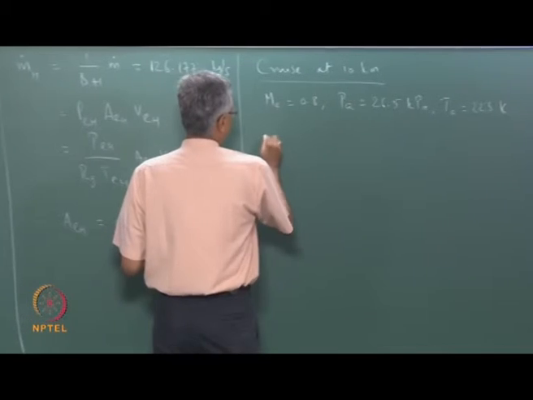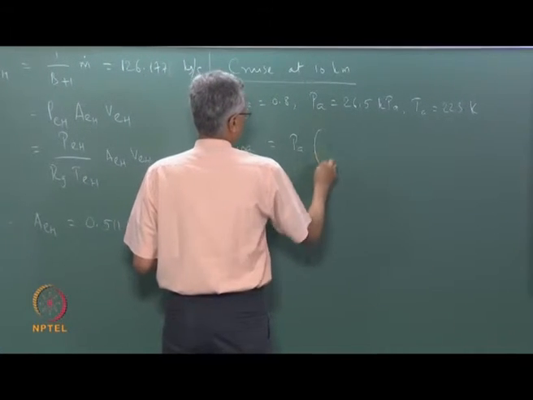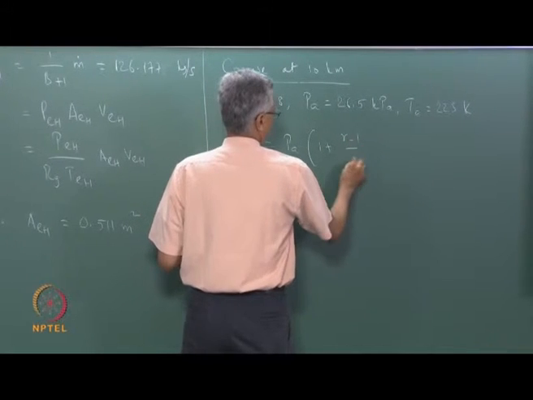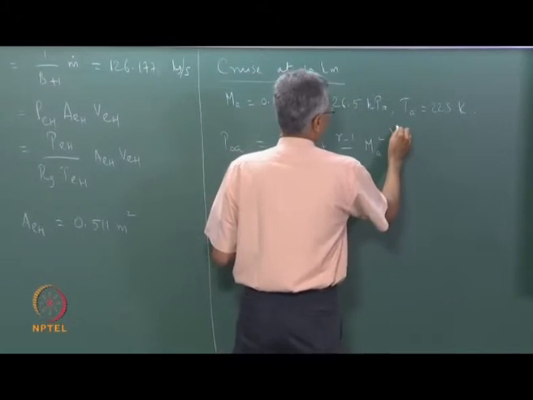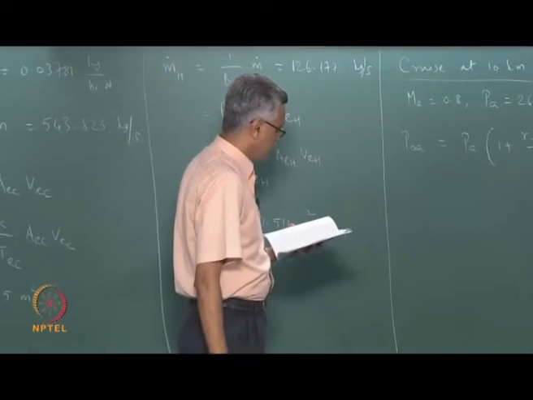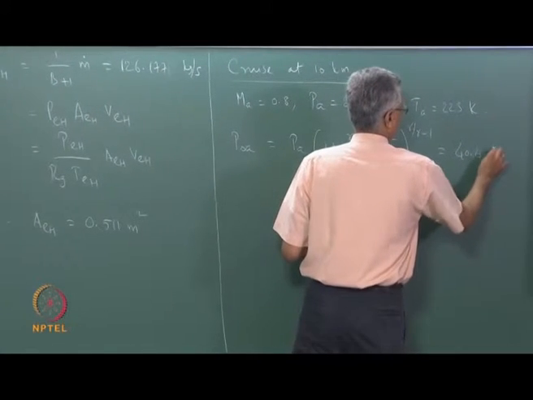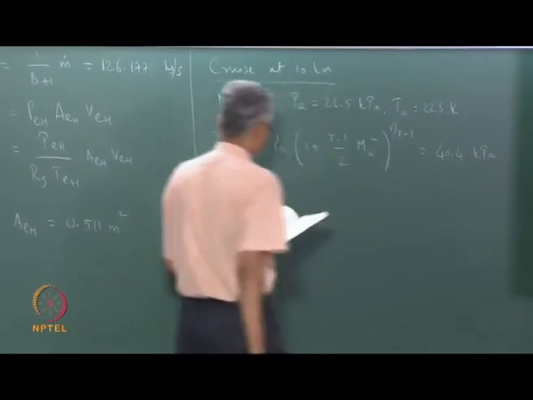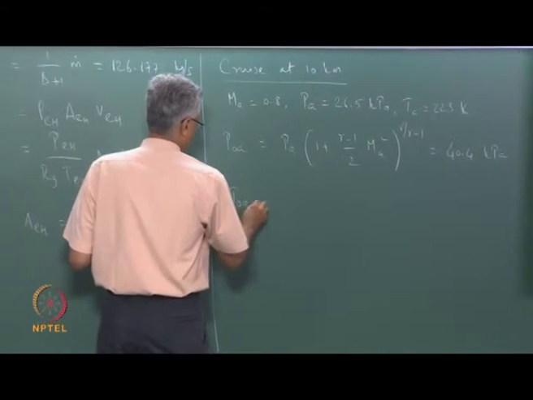So I can calculate P0A to be P_A times (1 plus (gamma minus 1) over 2 times M_A squared) raised to the power gamma over gamma minus 1, and if I substitute the numbers, I get this to be 40.4 kilopascal. T0A can also be calculated in the same manner.